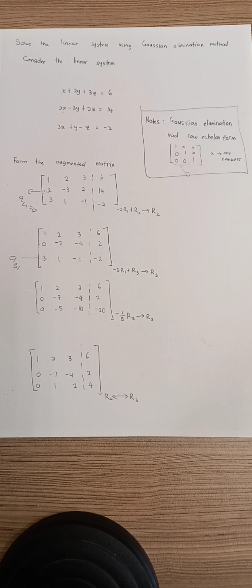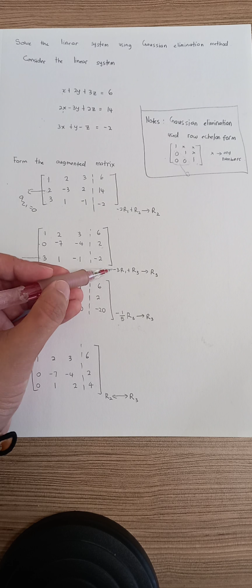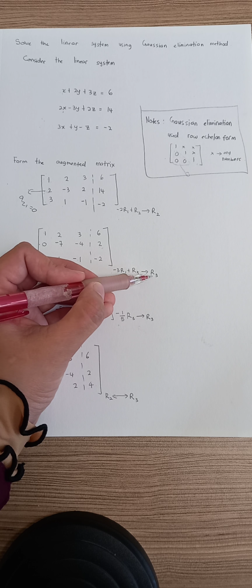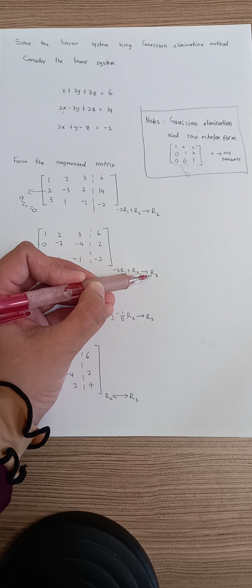Then what I will do next is make sure that array 31 will be 0. To make array 31 zero, I use this row elementary operation. That means the numbers in R3 will be changed.